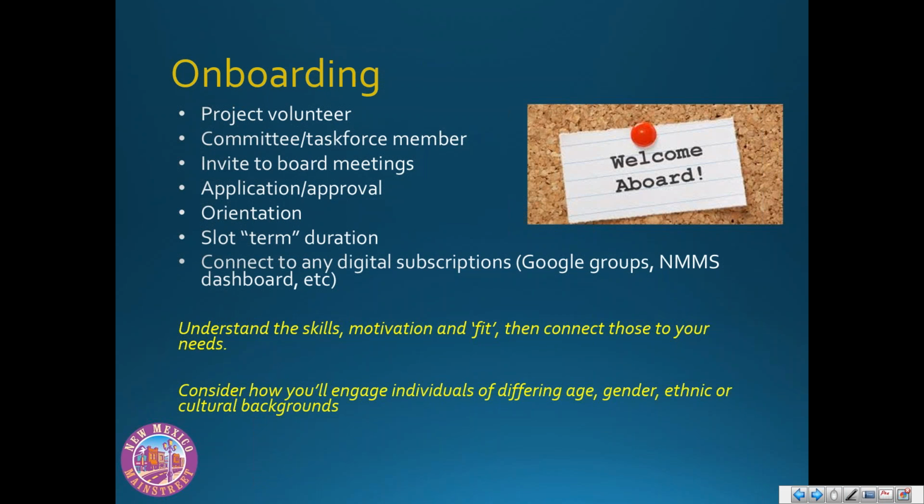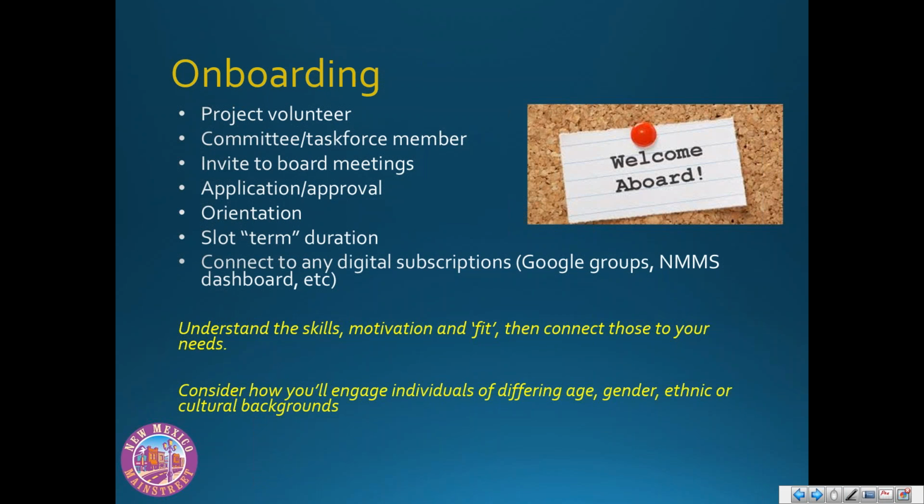At that point, there's an orientation process. More often than not, the orientation can include the new board member and the executive committee, the new board member and the board chair, or the new board member and the board chair and the executive director, which is my recommendation. I think keep the orientation small and short.